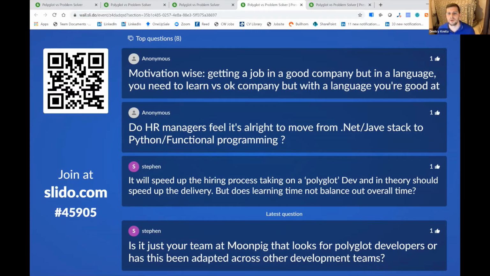I would probably be a bit confused because I wouldn't understand the reason behind it. If there would be a very good reason, then we would just need to put a very good plan on how we would deliver that, and obviously work with people to understand how they would take it. Because at the end of the day, the business doesn't really care which language you're going to be writing with. Business needs problems to be solved.